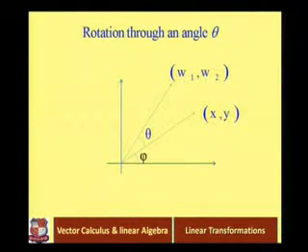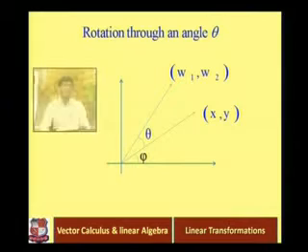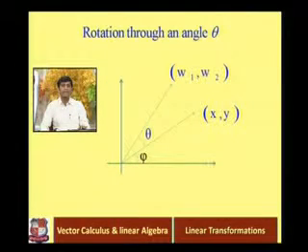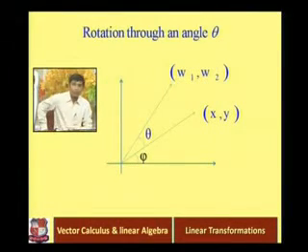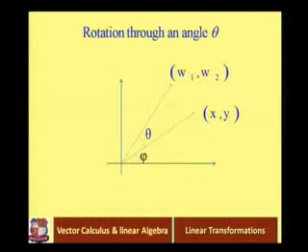Now next is rotation. You can see the figure on screen. There is the xy plane, and in the xy plane there is a vector (x, y). This vector makes an angle phi with the x axis.